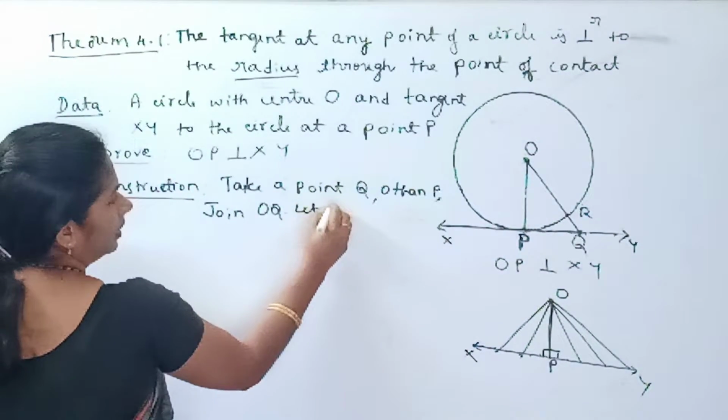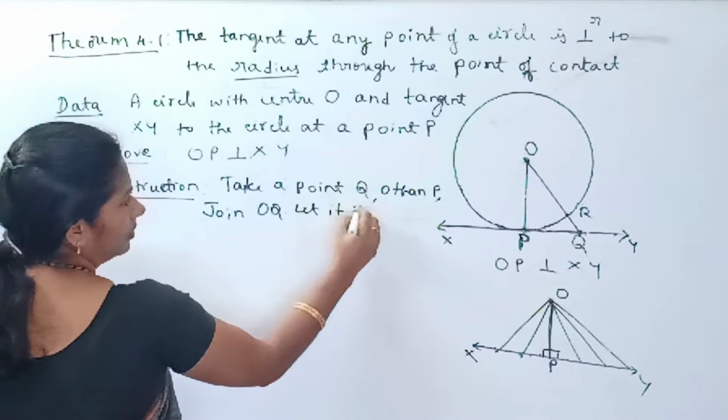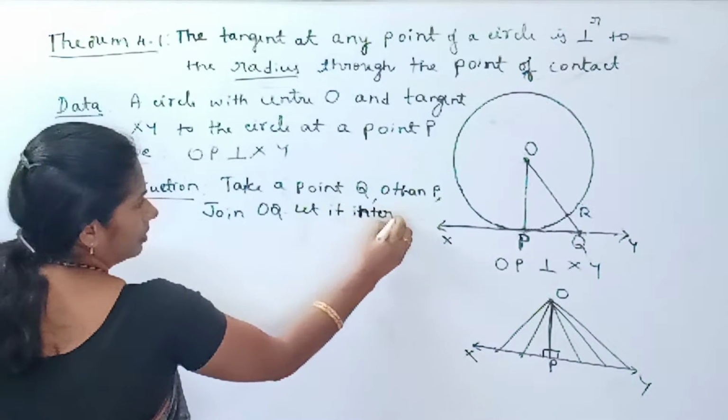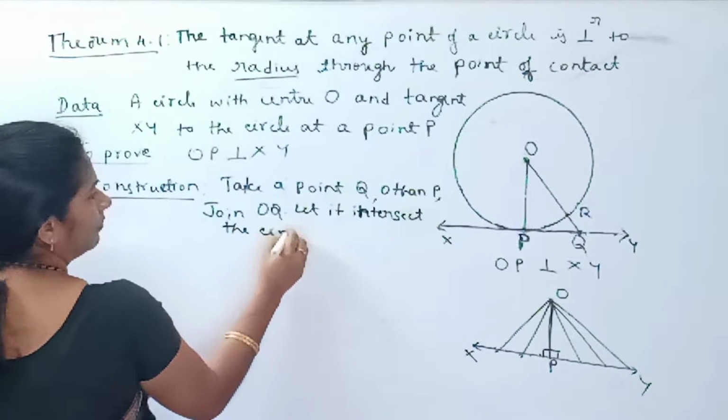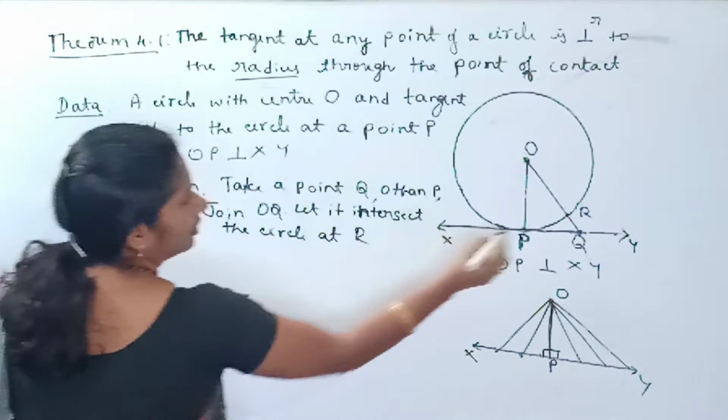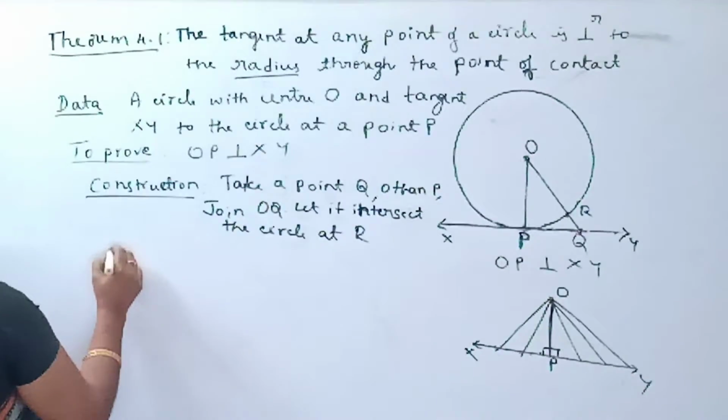Let it intersect the circle at R. Is it clear? Proof.